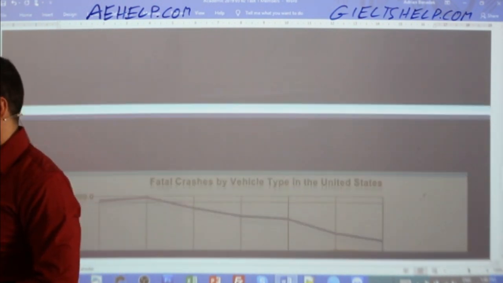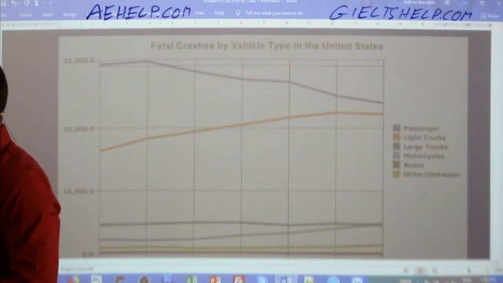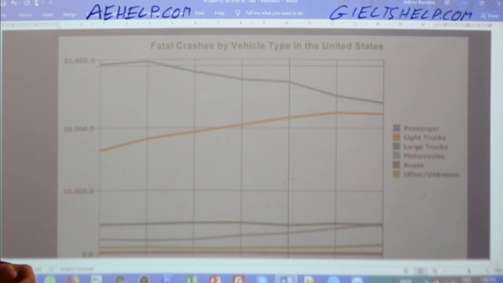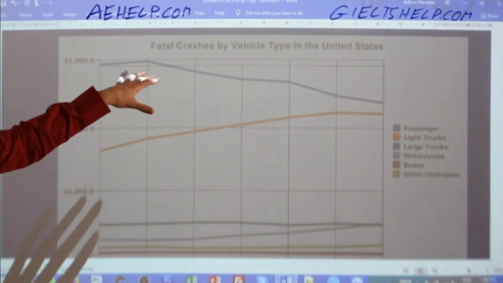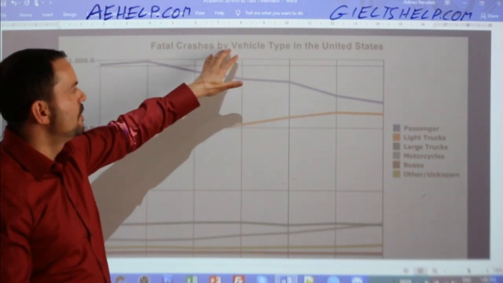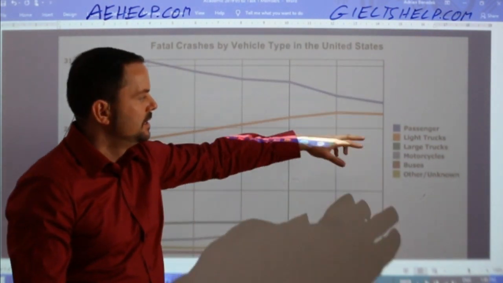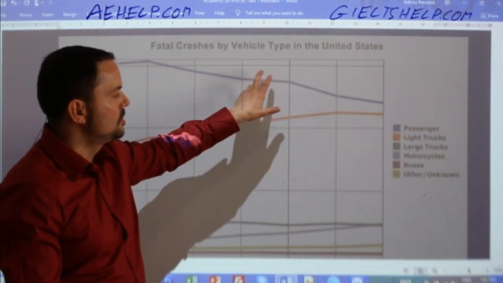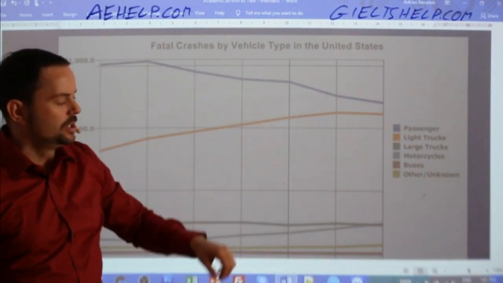Okay, here is the line graph again. So I'll help you out here. Hopefully you can kind of see that. It's tough to get these graphs on the screen perfectly. So it's fatal crashes by vehicle type in the United States. Here we have passenger, that's this top line. And then we have light trucks, that's this orange line.